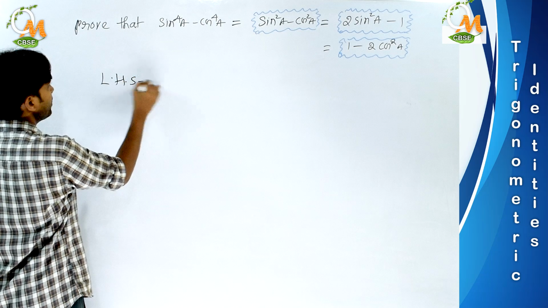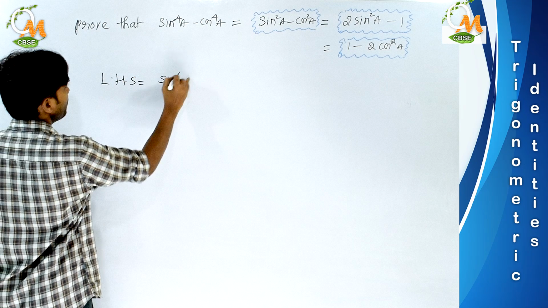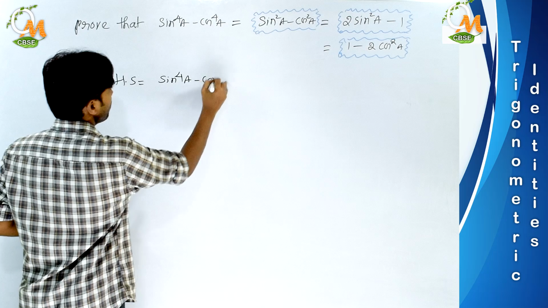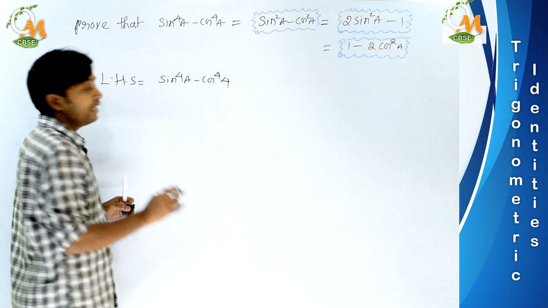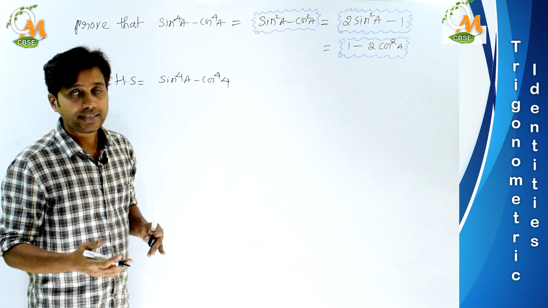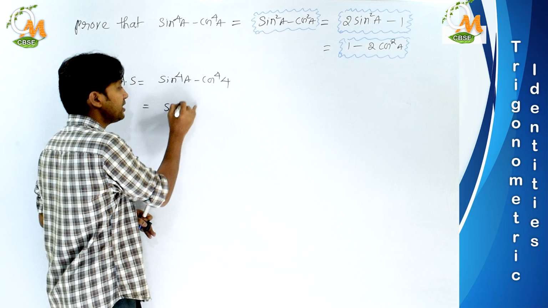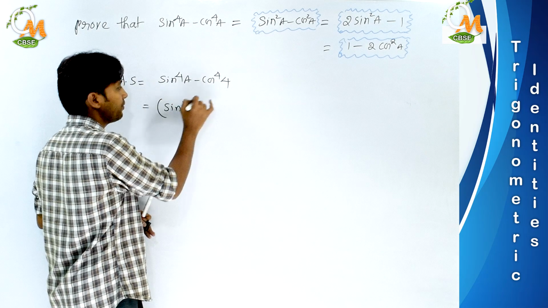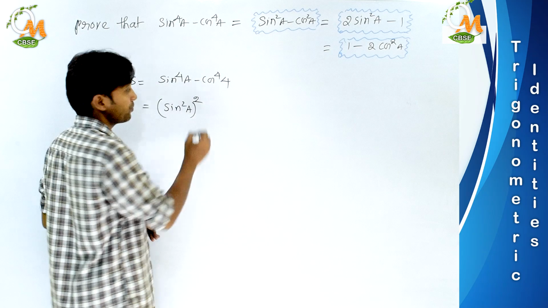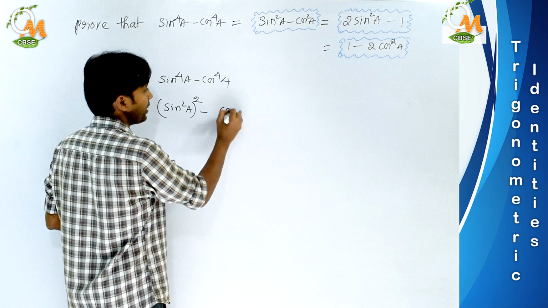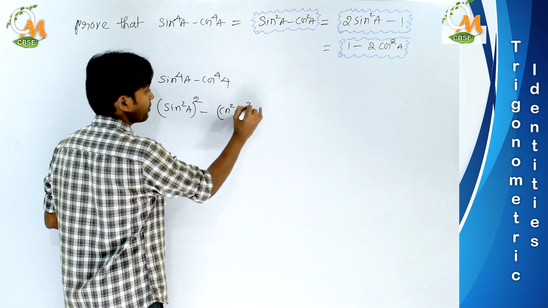The simplest one. Sine to the power of 4a minus cos to the power of 4a, right? For my convenience, I want to write sine power 4a as sine square a whole square. We can write it like this, or not? Yes. So minus cos square a whole square, right?